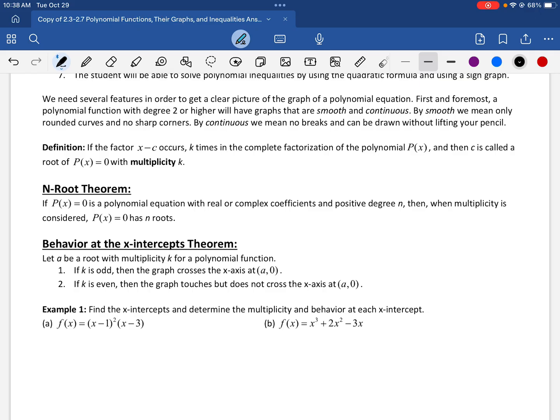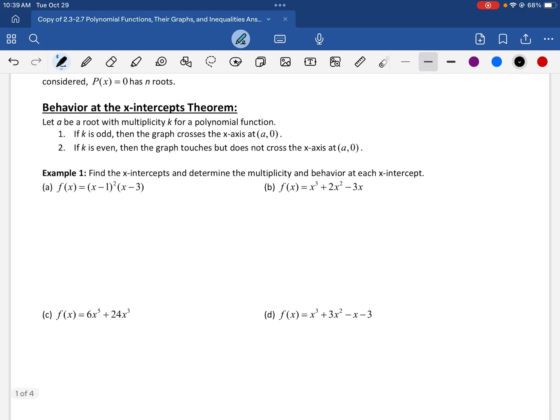If the multiplicity is an odd number, then the graph is going to cross at that x-intercept. If it is an even number, then it is going to touch the x-axis at that x-intercept. We're going to look at a couple of examples on finding x-intercepts, determining their multiplicity, and then the behavior at that particular x-intercept.